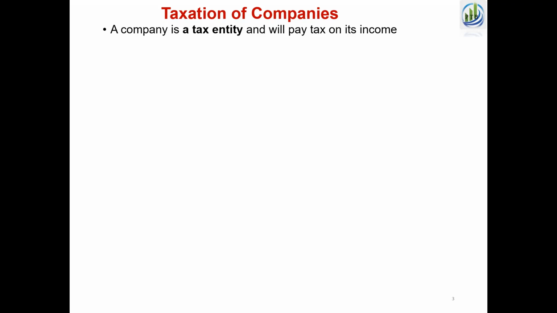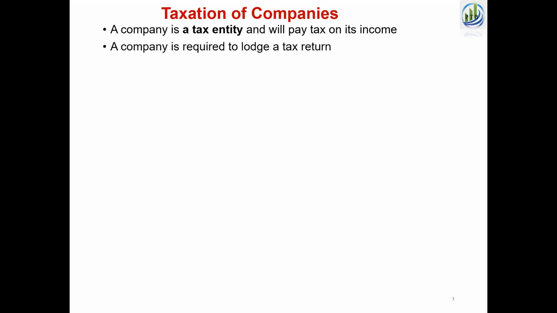However, the company's tax return is paid by the company itself, because a company is a separate legal entity and we call companies a tax entity. It means the company should pay its own tax obligation and lodge the tax return.